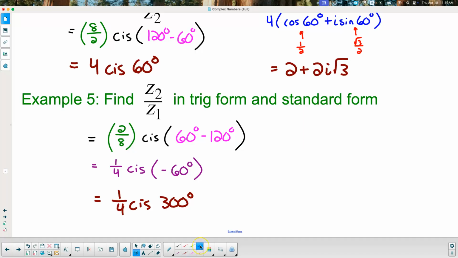So then this is going to be 1/4 times the cosine of 300 plus i sine of 300. Cosine at 300 is 1/2. Sine at 300 is negative root 3 over 2. So then this would be 1/4 times 1/2 is 1/8.